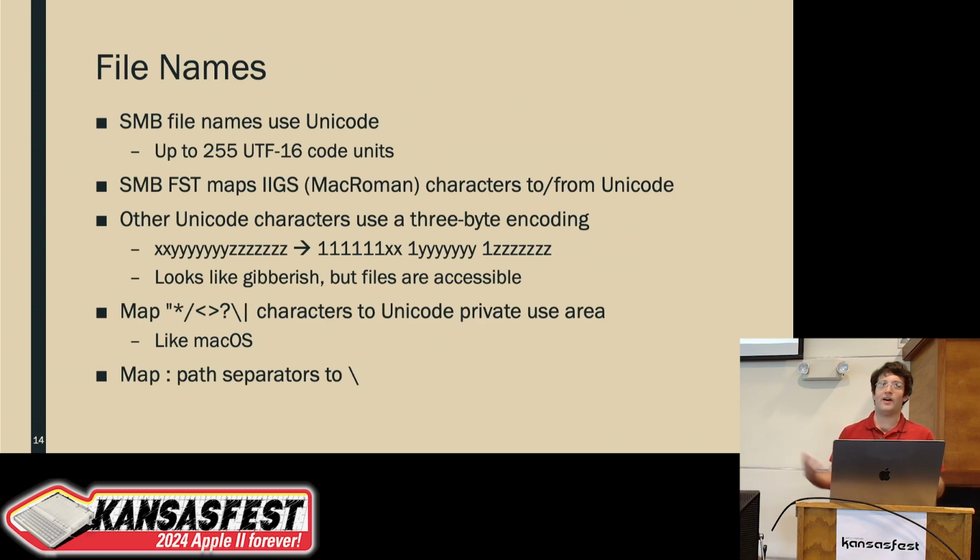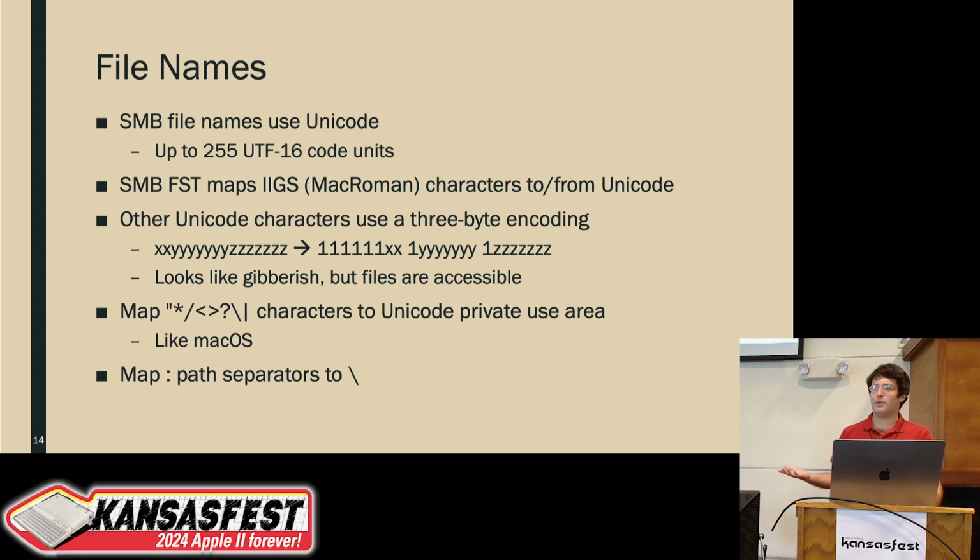One obvious one is file names. You need to be able to represent file names back and forth to do anything with files. SMB file names use Unicode, and specifically, they are up to 255 UTF-16 code units. That's a universal character set that contains pretty much all the characters from pretty much any language you can imagine. But the 2GS does not support all those characters.